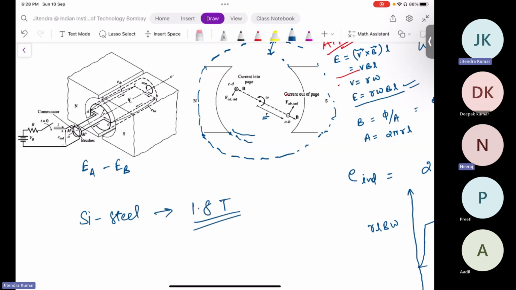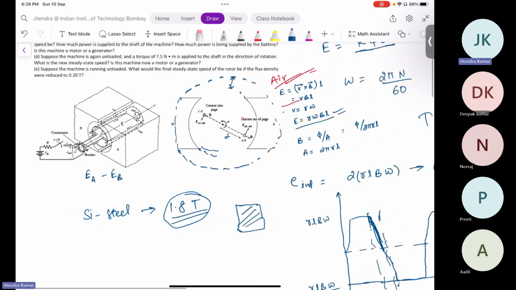So if they have a certain finite width of core and it has a flux, it should be near to 1.8 Tesla, otherwise they will lose in terms of utilization. So cores are designed keeping in mind how much flux density will be there in that core.